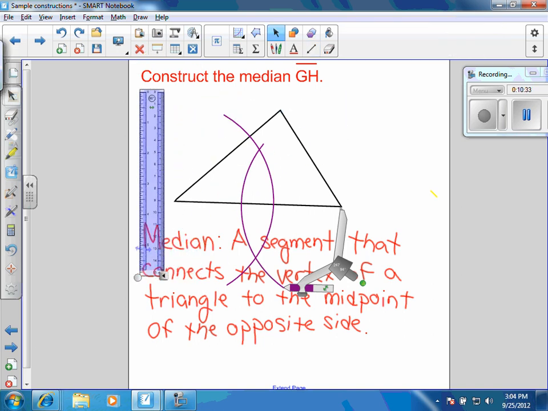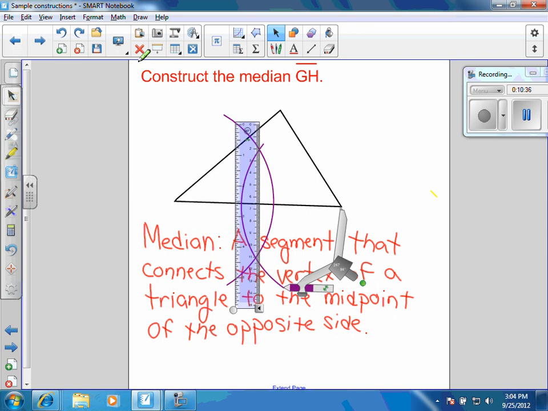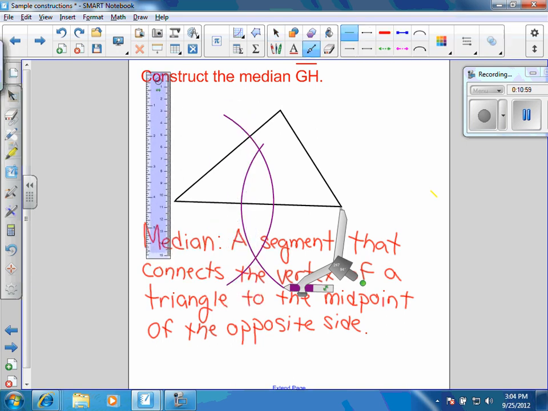You've got to line your ruler up, and it's just a little jumpy today. It just might not be smart enough today. Okay, so one more try. Huh. I don't know why.